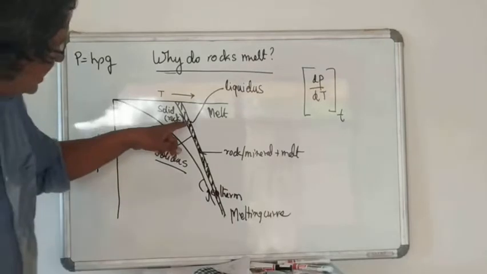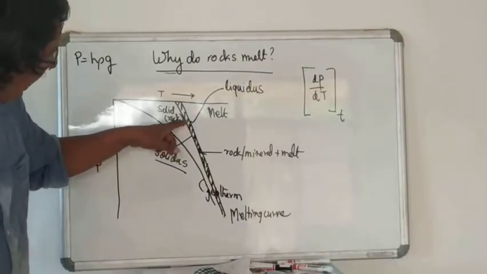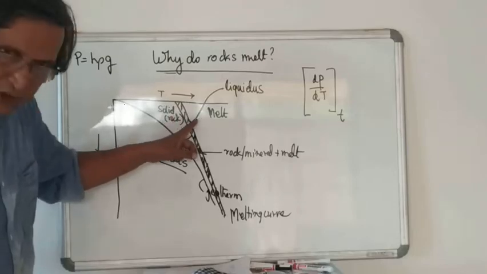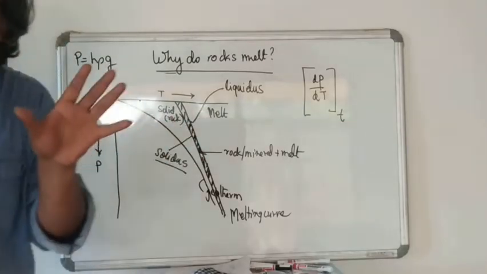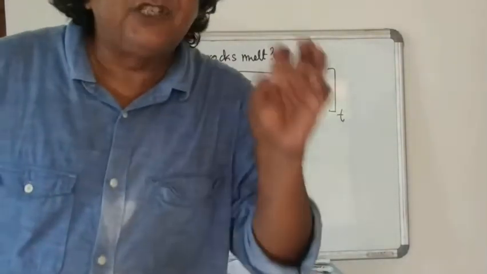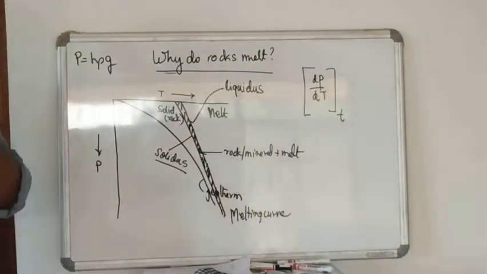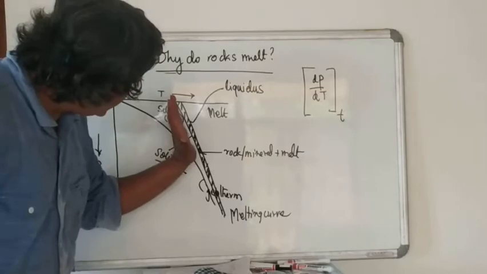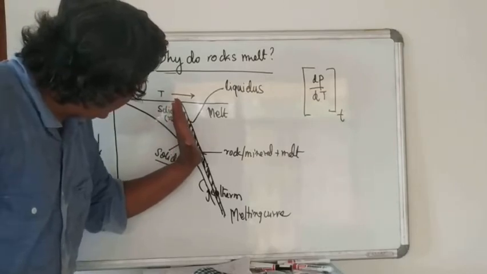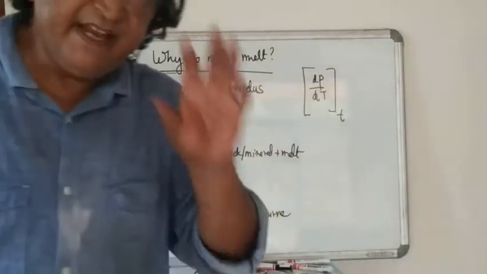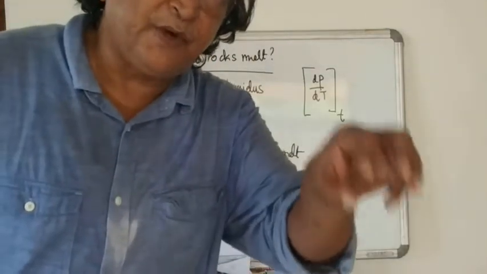The liquidus, you can see, at temperatures above the liquidus, it's all melts. So it's melts saturated. At temperatures above this liquidus, everything is a melt. So the system is saturated with melts.